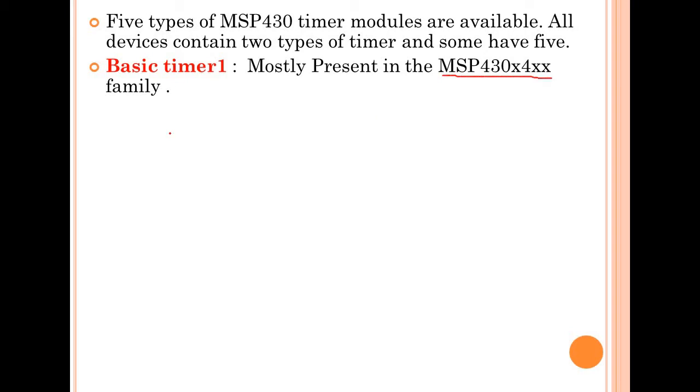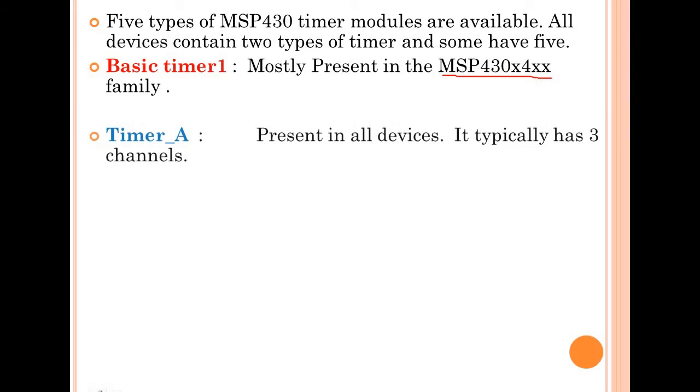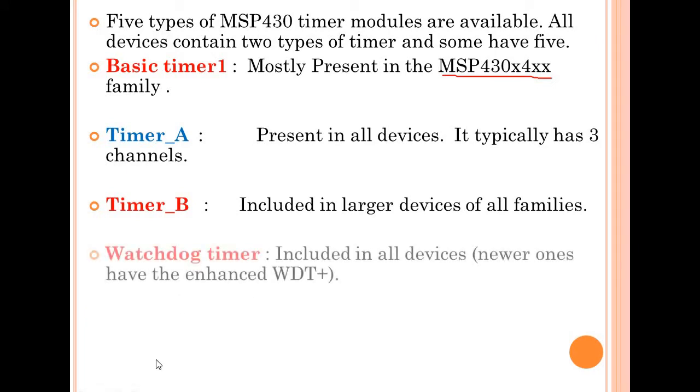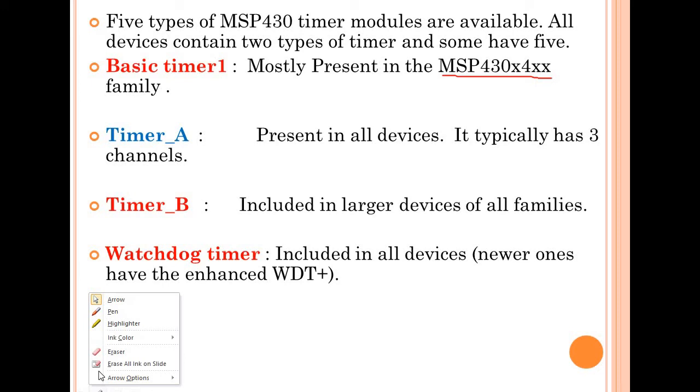Next one, timer A. It is present in all devices and it will typically have 3 channels in operation. Next, timer B. It is also included in larger devices of all the families. The operation of timer B is similar to that of timer A. If you studied timer A, then it applies to timer B also.